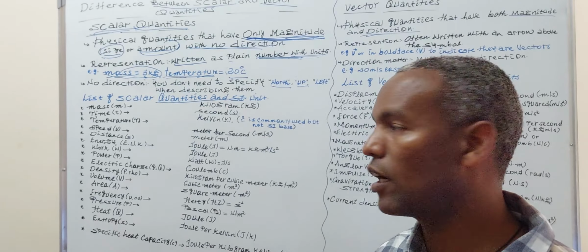Another scalar quantity is energy. We can express energy, meaning the total energy, using E. Then this is potential energy.